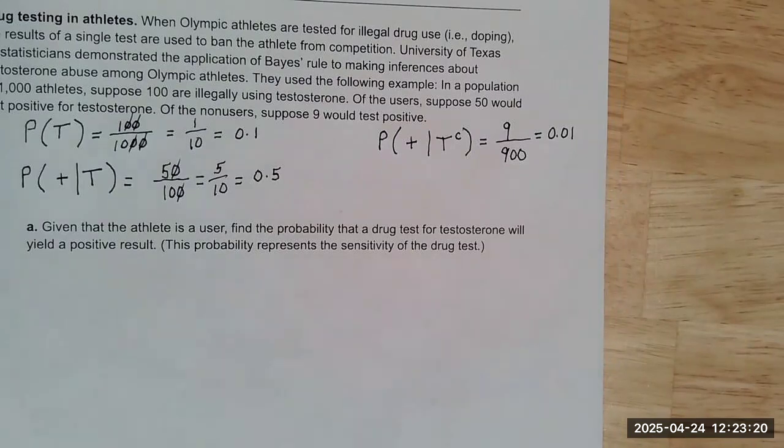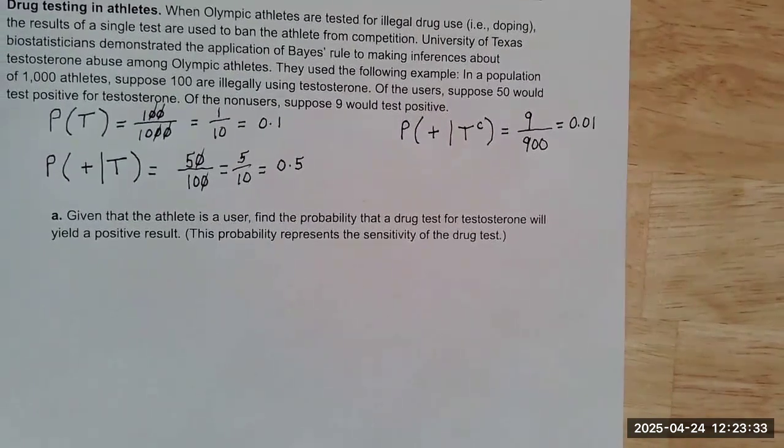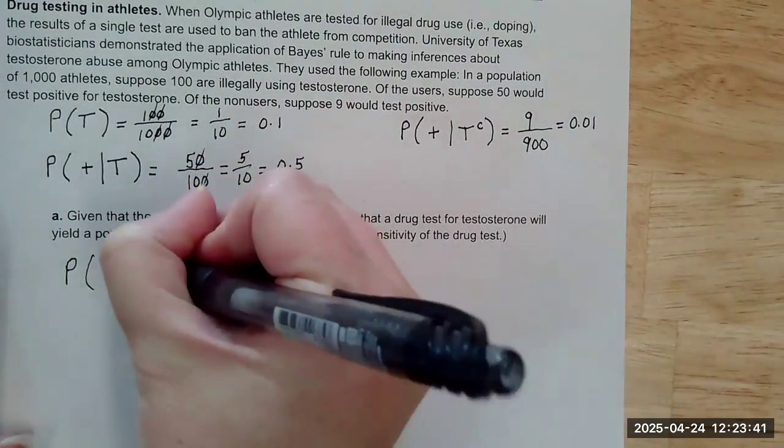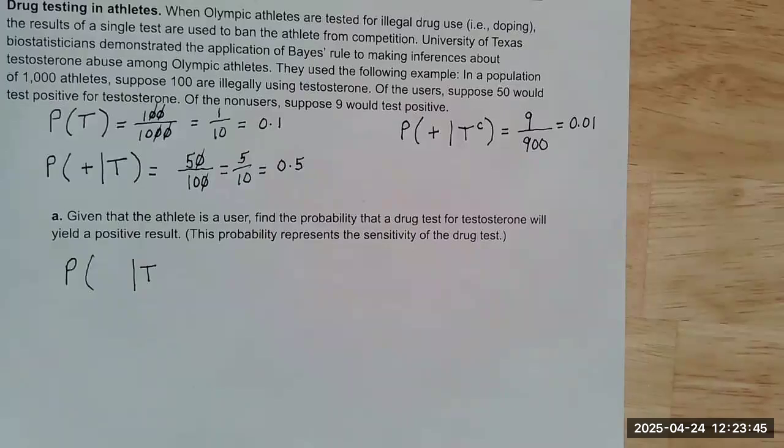And we've now written down everything they gave us. So we're going to go through the questions now, and we might already have some of the answers from what we've done. So sometimes that's a nice bonus. First one says, given that the athlete is a user, so given that they're using testosterone, find the probability that a drug test for testosterone will yield a positive result.